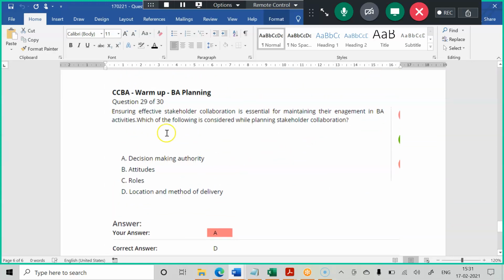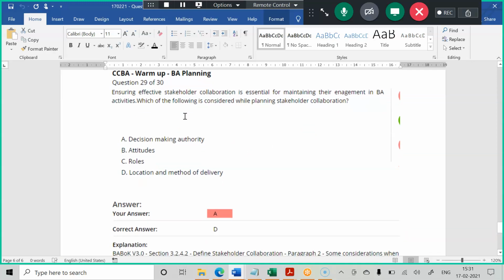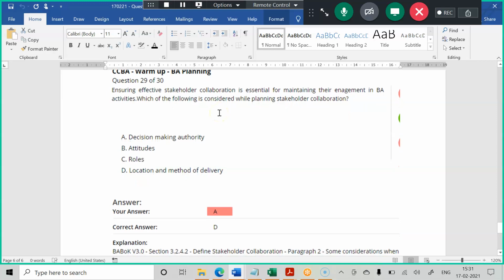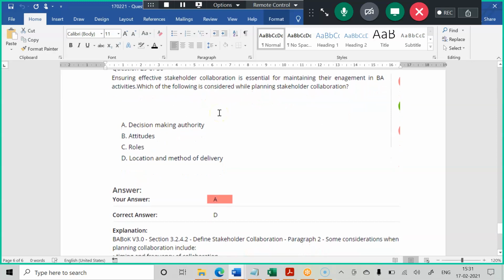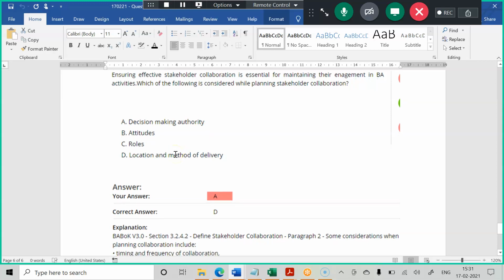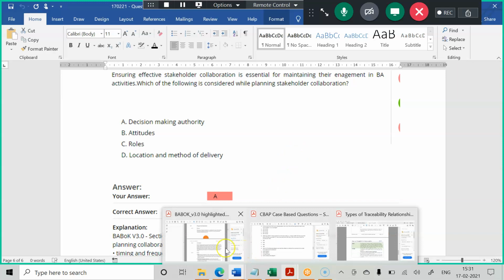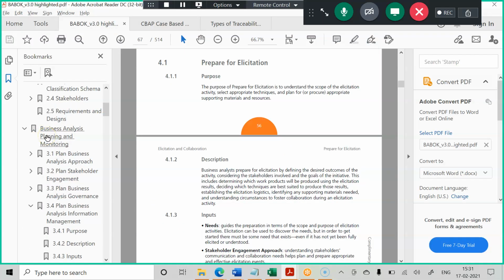Then there is this question: ensuring effective stakeholder collaboration is essential for maintaining their engagement in BA activities. Which of the following is considered when planning stakeholder collaboration? I think there's a list given here which tells you what all you need to consider.